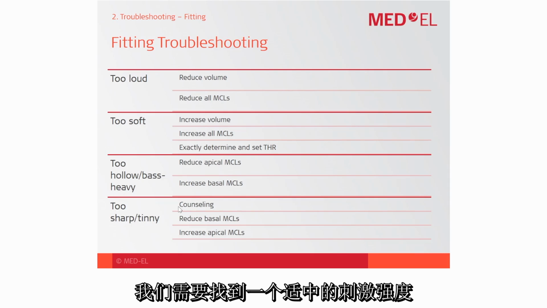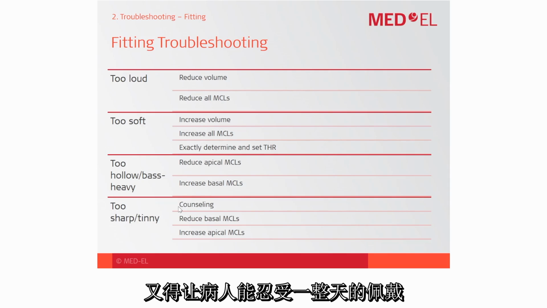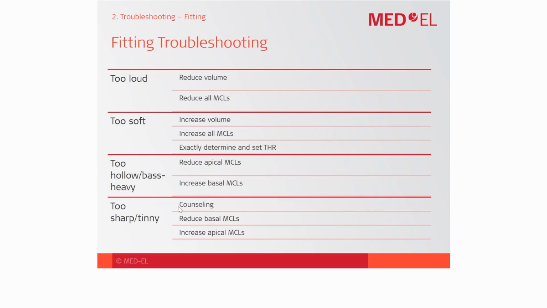You need to find a compromise between good stimulation levels, which still provide loudness cues for high frequency sounds, but are tolerated by the patient when the processor is used during the whole day.